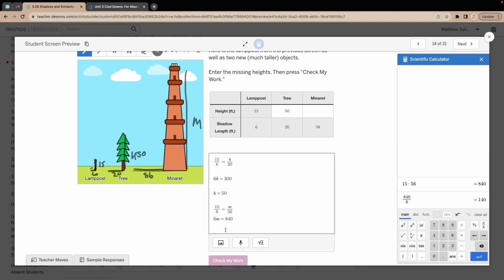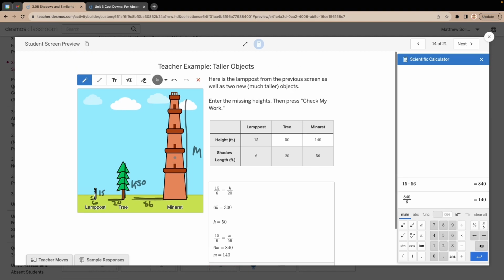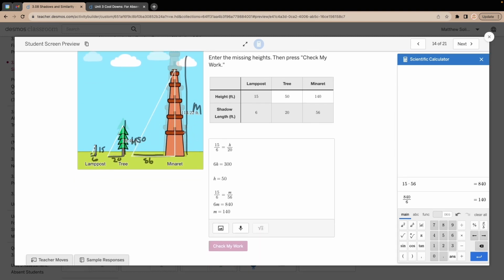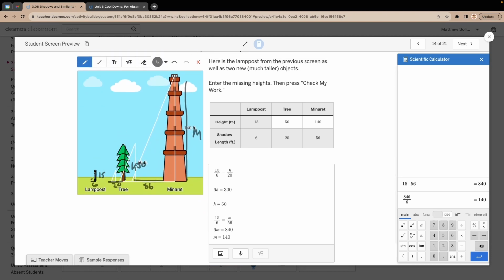Oh, it's 140 feet. So let's see if this works. M equals 140. All right, let's check our work here and see if we got this correct for these triangles. Yep, it's 140 and 50, and these three triangles are all similar.